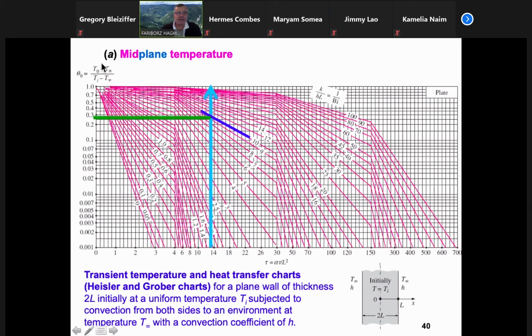Therefore, I can calculate my T0. This is also the graph you can use to calculate the temperature at any point. I can use figure B, which gives the temperature from the surface to the center.